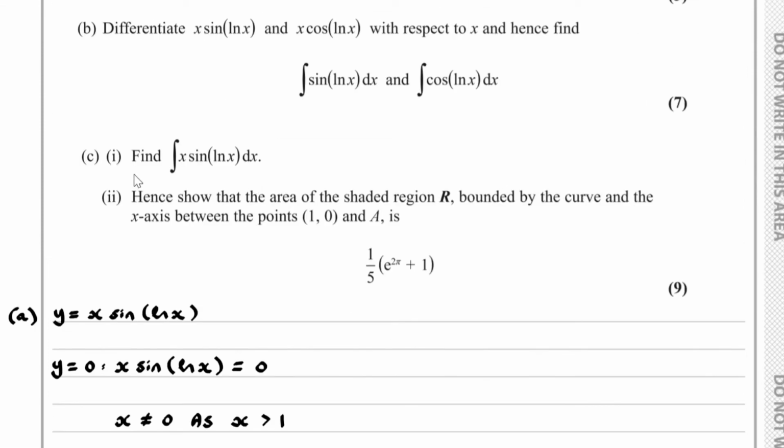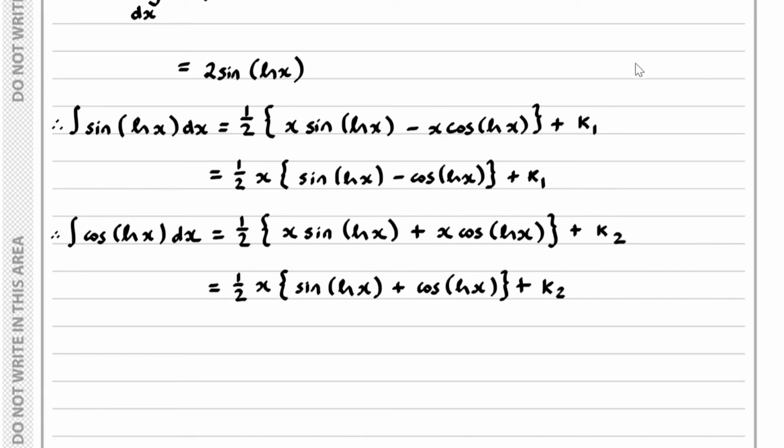Now for part C, for the first part, we have defined the integral of x times the sine of the natural log of x with respect to x. So what we need to do for part C, for the first part, is integrate x times the sine of the natural log of x.